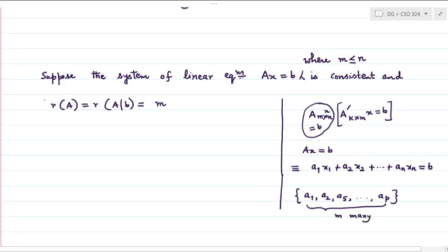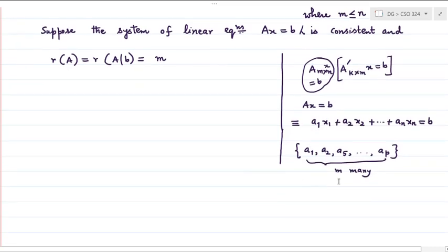If the rank of the matrix A is equal to m, then precisely we can find at least one set of m many column vectors which is linearly independent. Fine. Now we choose a set of m many linearly independent column vectors. Without loss of generality, let me take only the first m many column vectors a1, a2, till am. Let us suppose this is linearly independent.